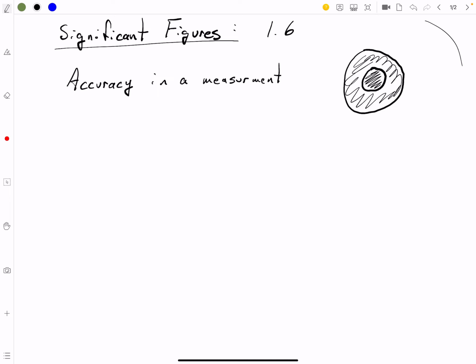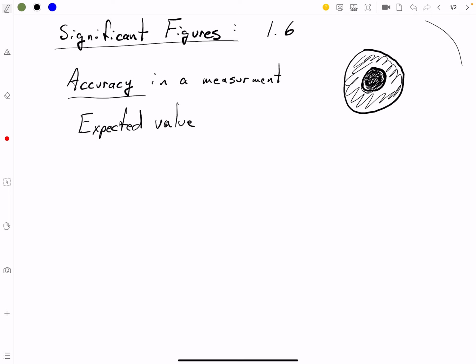So if we have a range right here, this inner spot here, if that is what we expect to be our value, that is our expected value. Okay, so you have to have an expected value if you're going to have accuracy.